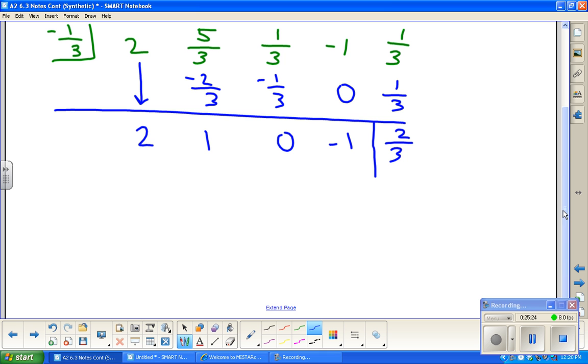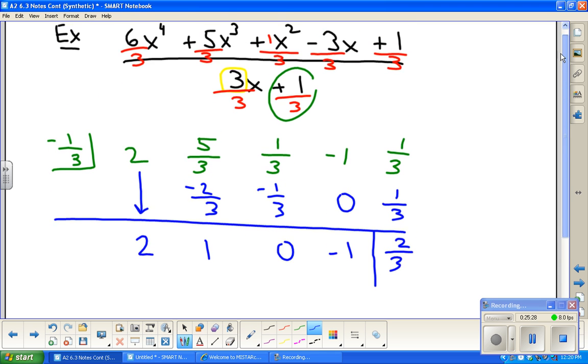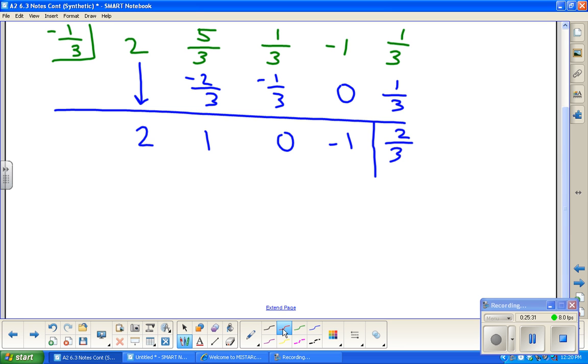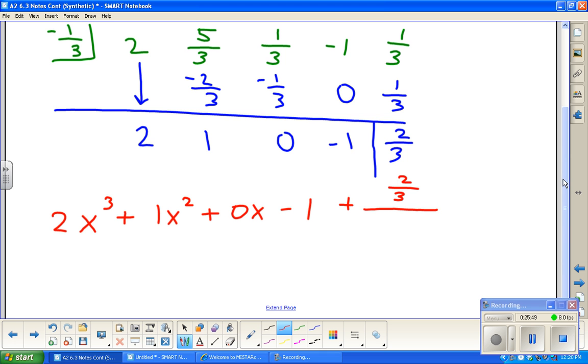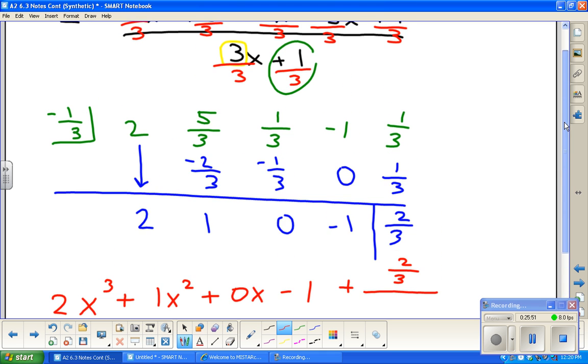What do we start with? A degree of fourth. So our answer is going to start with x to the third, right? So 2x to the third plus 1x squared. I'm just going to write the 0x, even though we usually wouldn't write it if it's a 0. Then minus 1. But then our remainder is a fraction, and it gets divided by the thing we divided by, which was x plus 1/3.